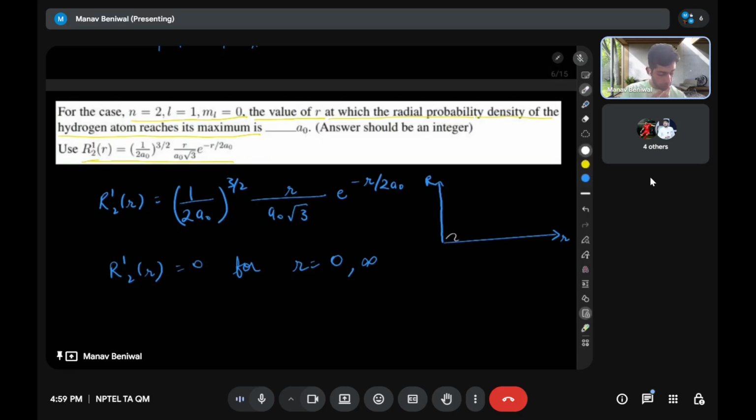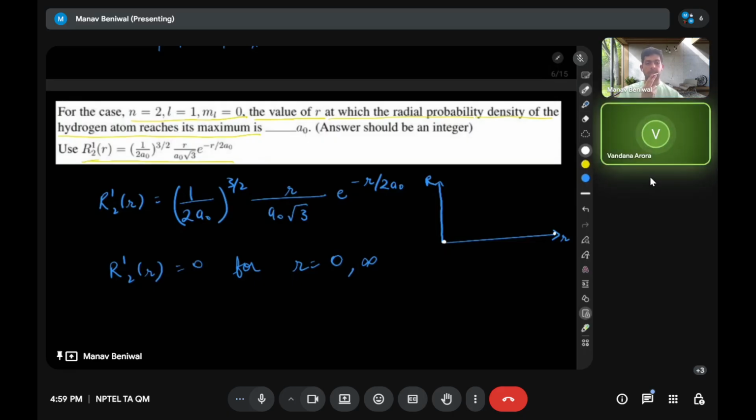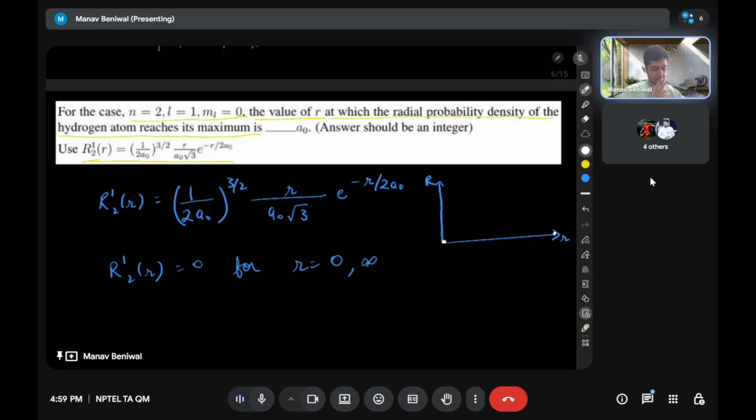We know here it is 0 and we know that here also it will be 0. You must have seen a similar curve when you encountered the ultraviolet catastrophe, like Planck's law. The Rayleigh-Jeans formula looks something like that.